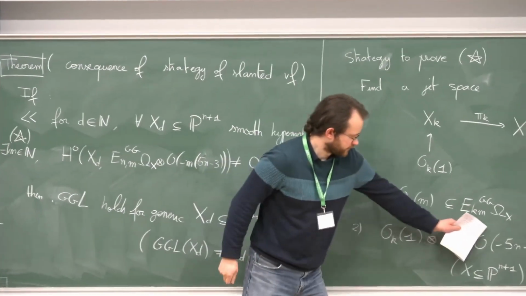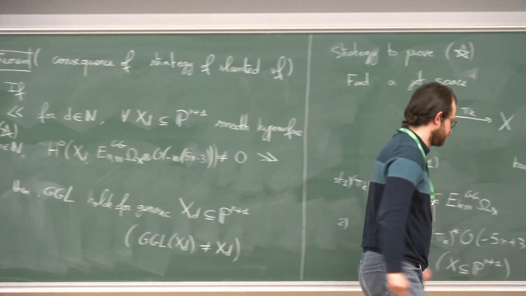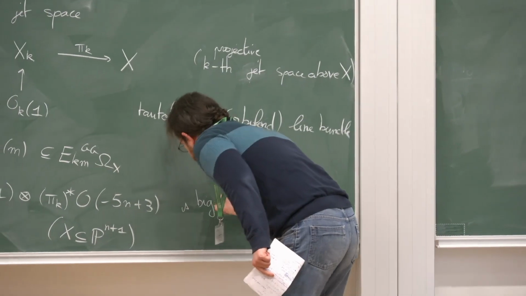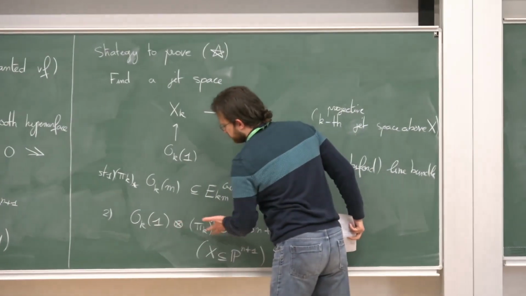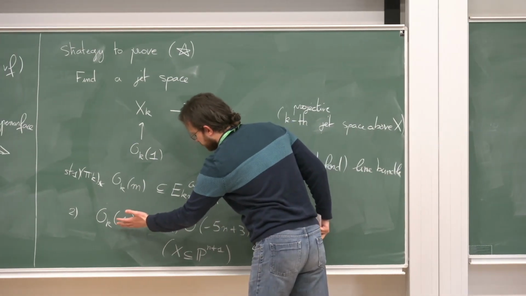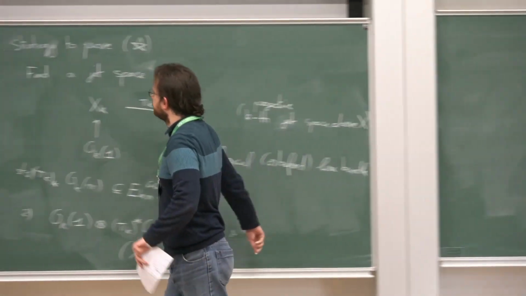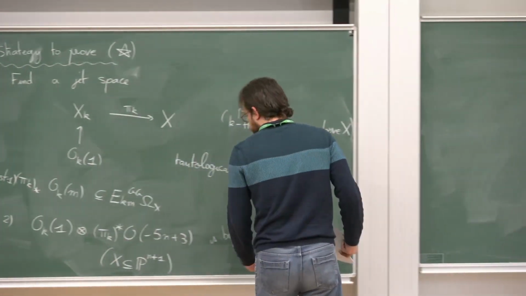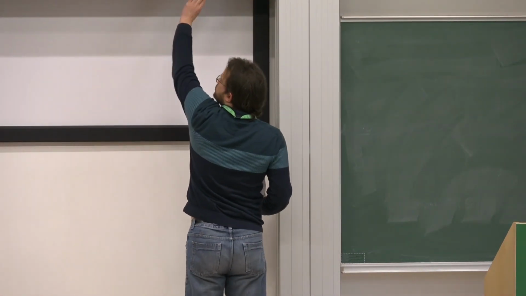So you want that to be effective, but in the usual strategy, we ask more. We ask that it is big. Actually, the way we prove that it is big, well, we obtain bigness for free with the strategy of holomorphic Morse inequalities that I'm going to explain tomorrow.